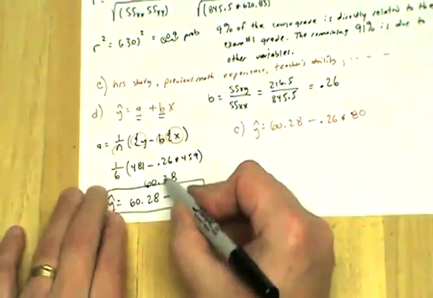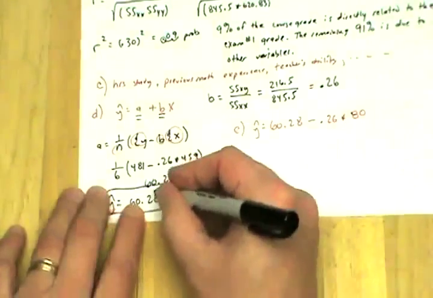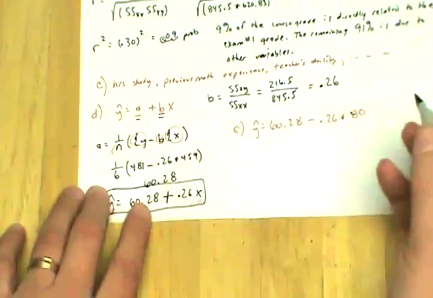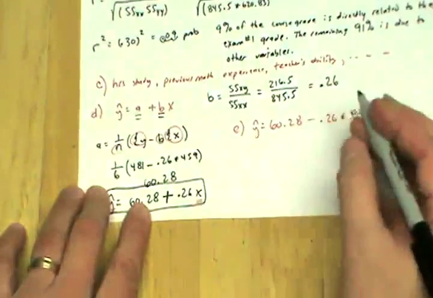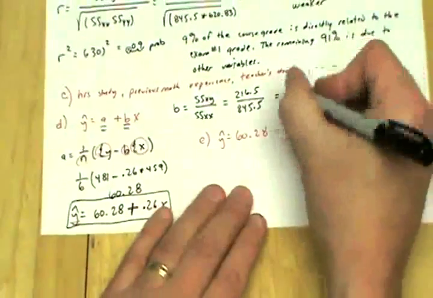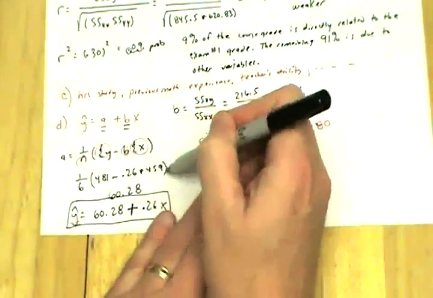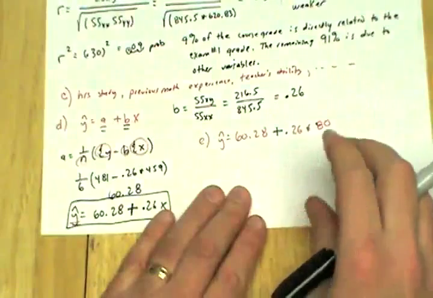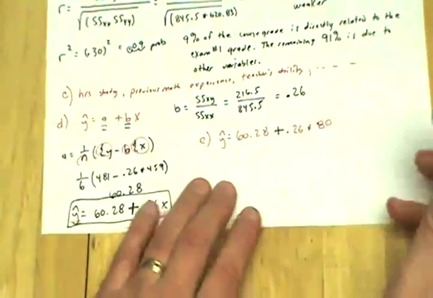And the a was 60.28, and the b was positive 0.26. This should be a plus b. Forgive me. I caught myself, thank goodness. So when I actually go over here to predict, this had better be a plus. The reason why it was negative in the first question is because b was negative. In this case, b is positive, so it stays positive.